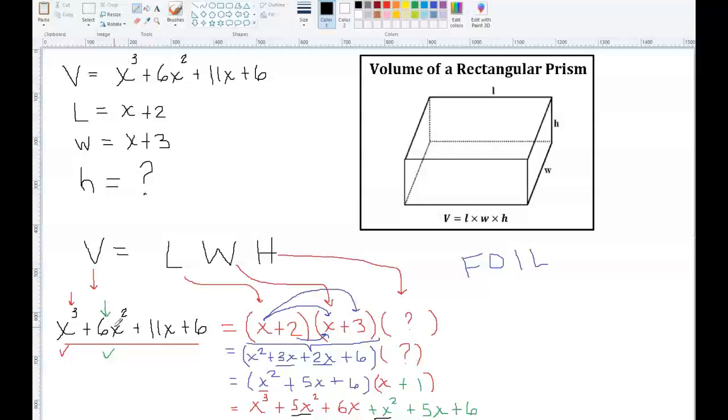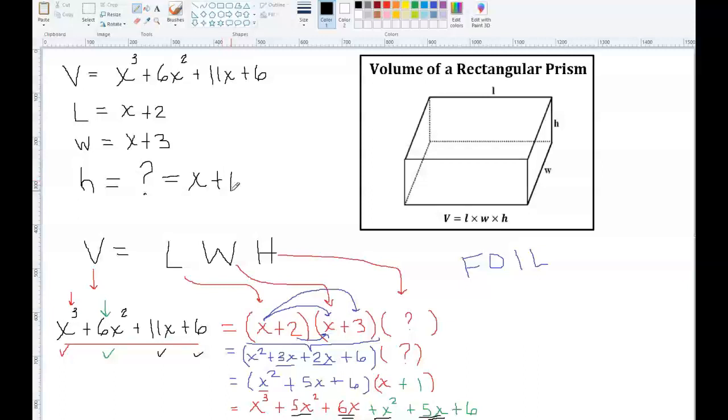We already figured that out. I just need to find out if I have enough here to get the 11x. And yes, the 6x together with the plus 5x, that will give you my 11x. And then the plus 6 has nothing to combine, remains there. Look, I found the width. I'm sorry, the height. Who is the height? The height is going to be x plus 1.